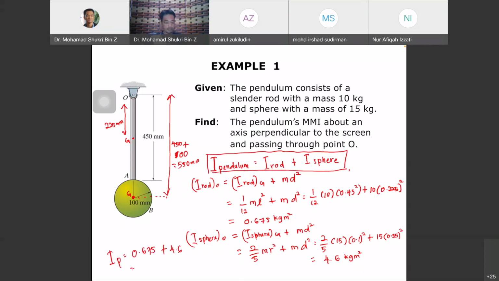So you get the answer 5.275 kilogram meter square. So this is your mass moment of inertia for the whole pendulum, rod plus sphere at point O.